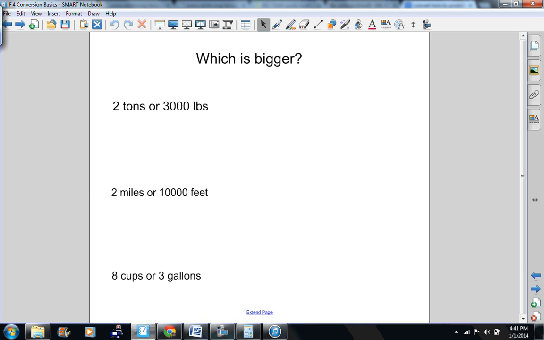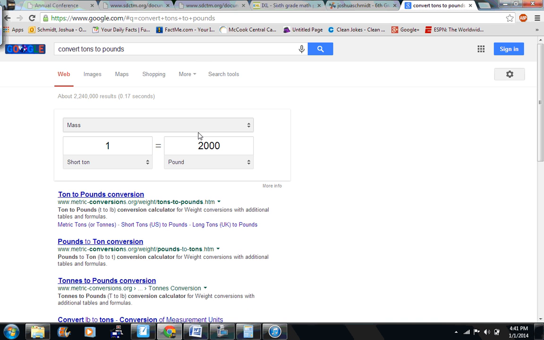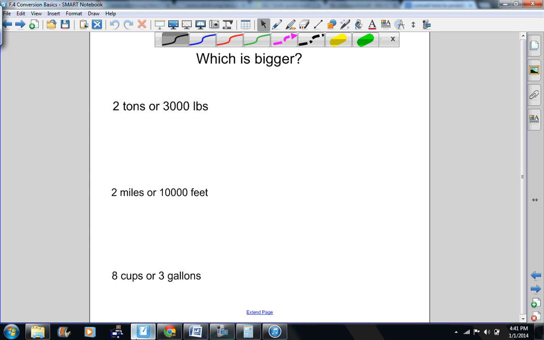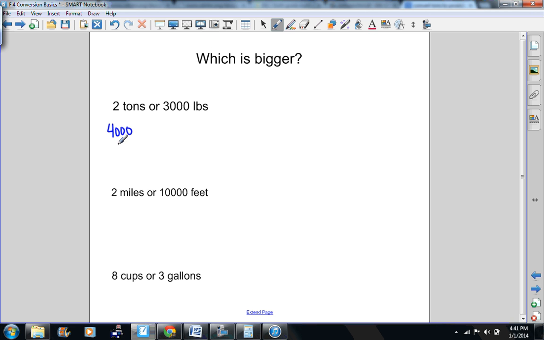Therefore, 2 tons would be equal to 4,000 pounds. And so now, instead of 2 tons, we have 4,000 pounds versus 3,000 pounds. Therefore, 2 tons is bigger.